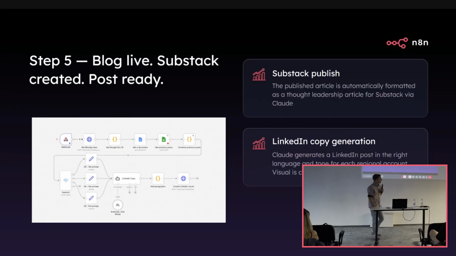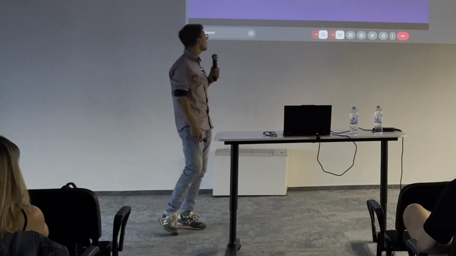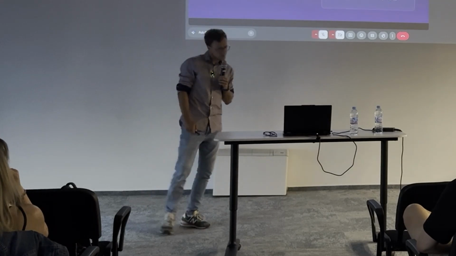So you can see here that basically, okay, the resolution is not the best, but it checks the region in which we are publishing the blog article. So it is either, in this case, Spain, Netherlands, or Germany, or UK as well.